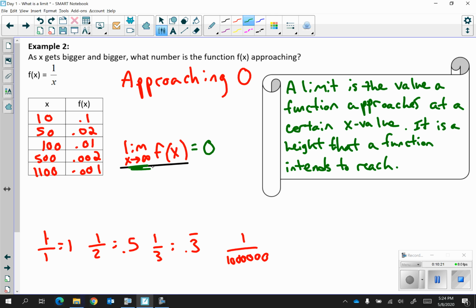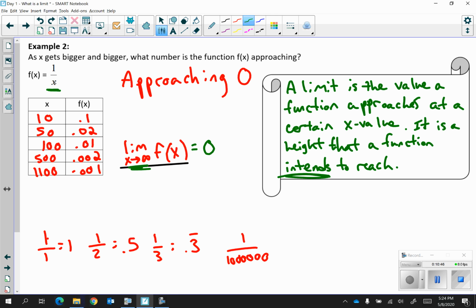Now, it can also be considered as a height that a function intends to reach. And the word intend is very important because, as we talked about in the do now, that polygon never became a circle. However, as you went on, it looked very close to a circle. For this function right here, this will never equal 0.